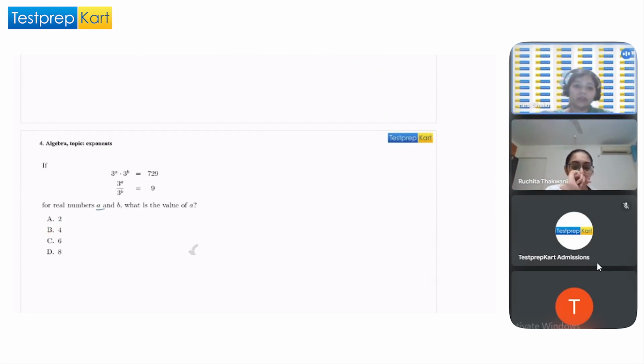3 raised to A into 3 raised to B is 729. 3 raised to A upon 3 raised to B is equal to 9. For real numbers A and B, what is the value of A?